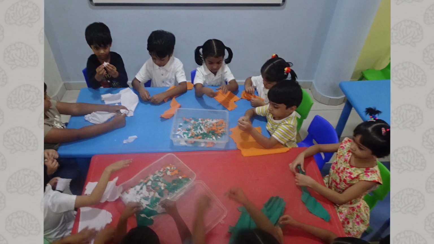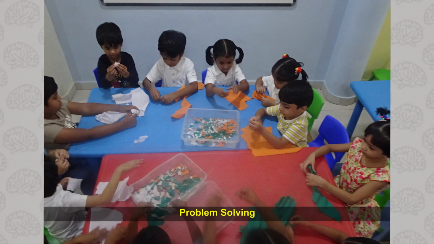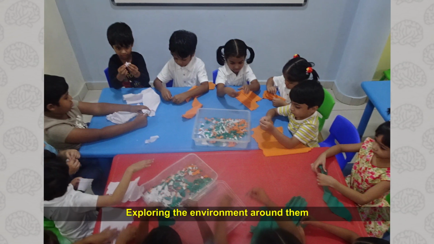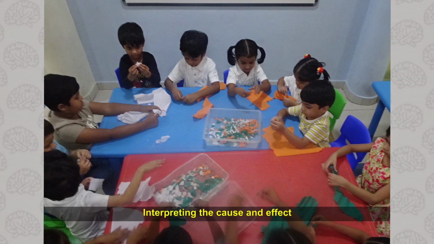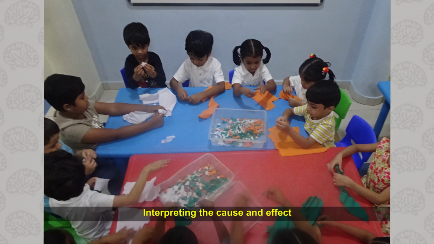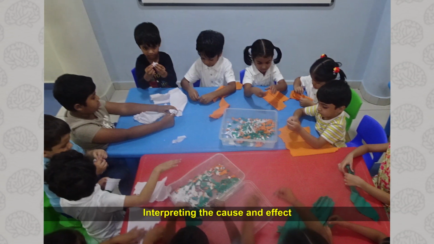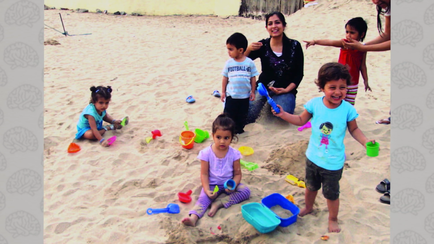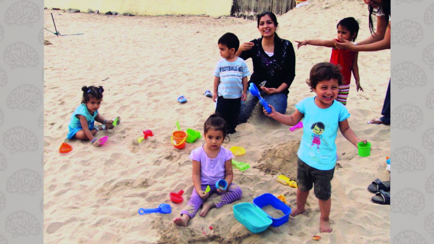Cognitive development refers to the mental capacity of a child towards problem solving, acquiring language, exploring the environment around them, interpreting cause and effect relationships by possessing an inquisitive mix of fantasy and common sense. In simple words, cognition explains the thought process of a child in making sense of this complicated universe.